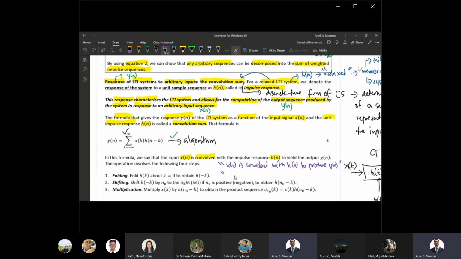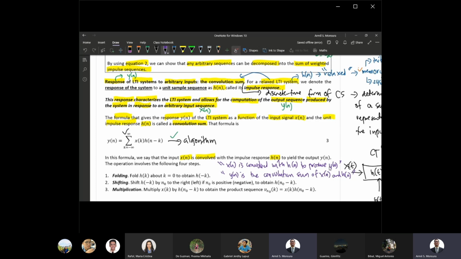Okay, also we can say that y of n is the convolution sum of xn and hn. So these two phrases are correct ways of reading equation 3.